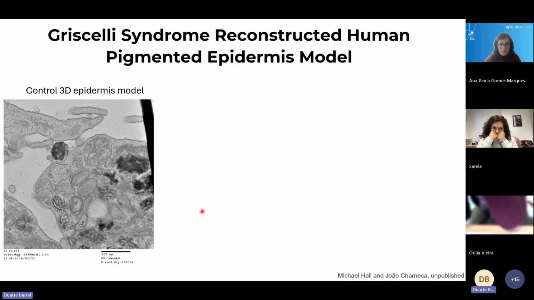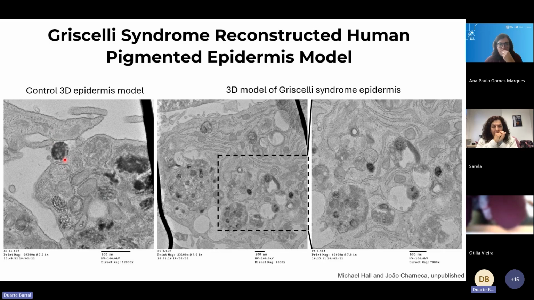Of course, if we have a model, we can study it in more depth. That's what we did. And here by EM, compared to a control reconstructed epidermis, where you see again the melanin being transferred from a melanocyte to a keratinocyte, like we saw in the human skin, we have the Griscelli syndrome epidermis, where you see this huge accumulation inside keratinocytes of melanin, together with other vesicles, other material.